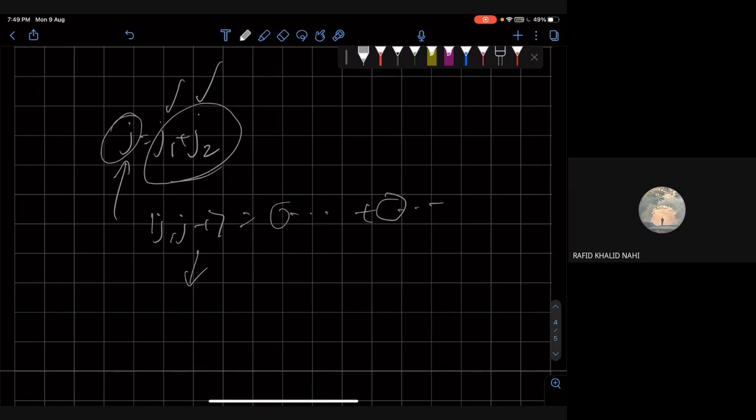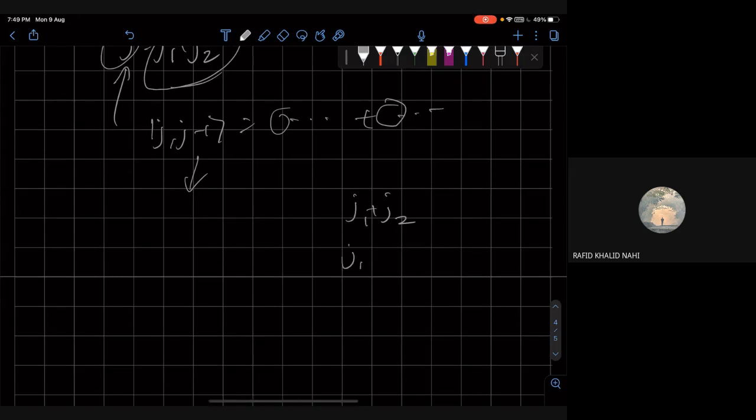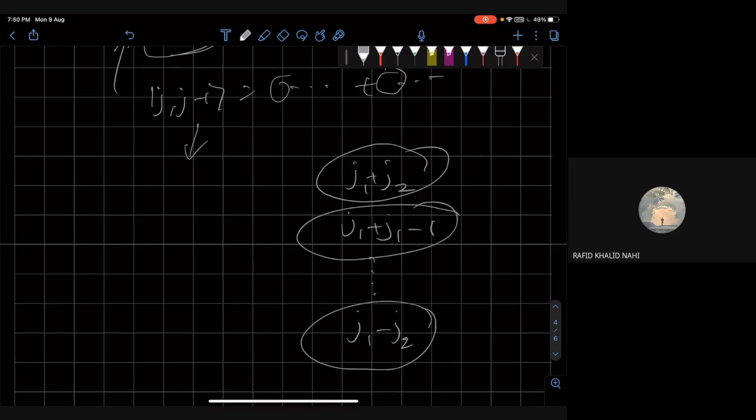I mean, if I give you two spins, what are the possible values of the total angular momentum? It starts with J1 plus J2, and then you go one by one down to, if J1 is greater than J2, J1 minus J2. These are the total angular momenta of each multiplet, right?